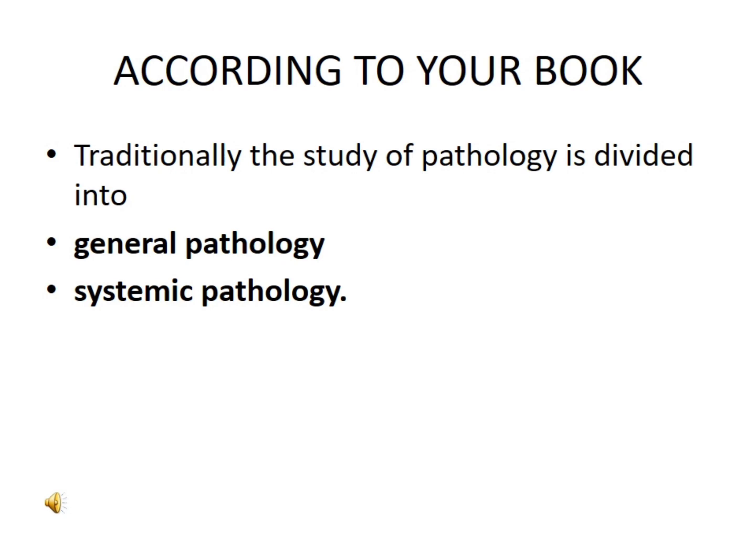Traditionally, the study of pathology is divided into general pathology and systemic pathology. In general pathology, you will study the different general features of tissue injury and its response. And in systemic pathology, you will individually learn about the diseases which are categorized into different organ related diseases.